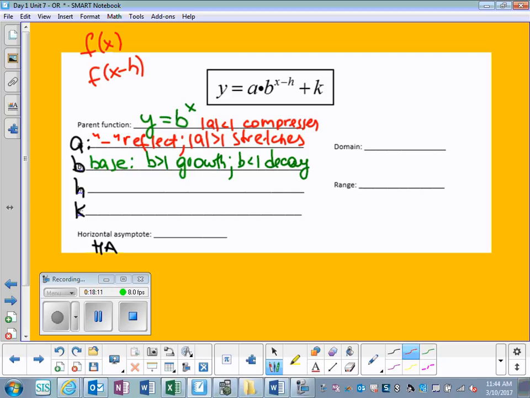Left and right, if I'm replacing x with x minus h. Assuming that h is positive, if x minus h, then it goes right. And if x plus h, then it goes to the left.